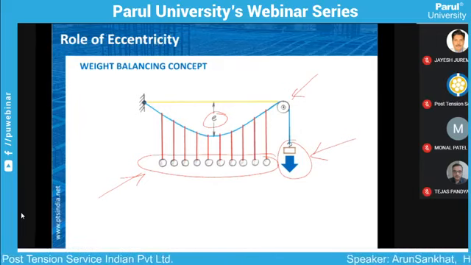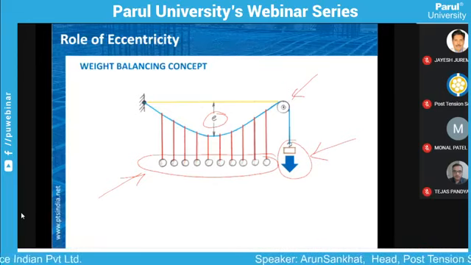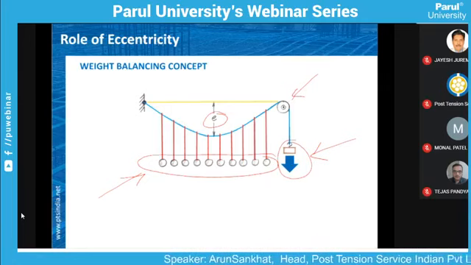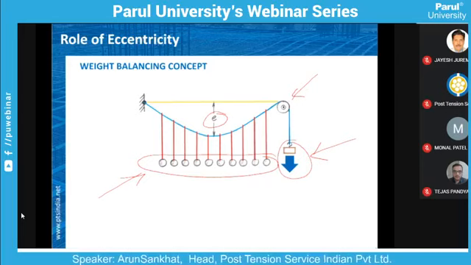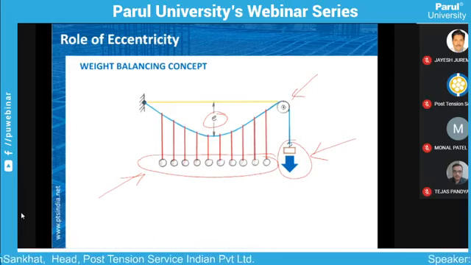Now here, if I need to decrease this E, because there is always a case that we need to decrease the depth of the member, then decreasing the depth of the member is nothing but decreasing the eccentricity. And if we decrease the eccentricity, what happens? Let's see.